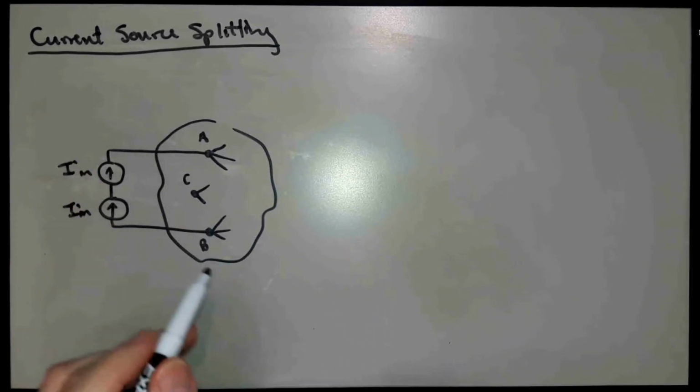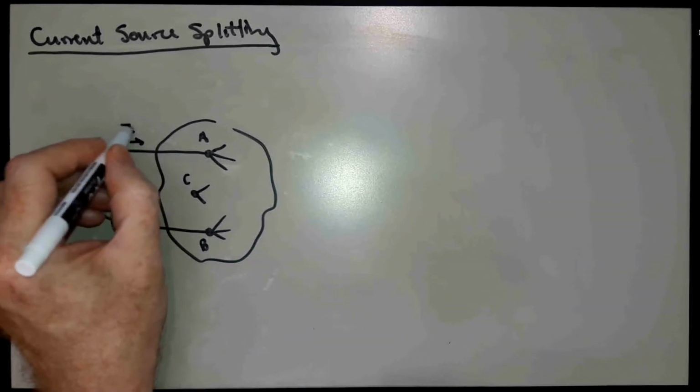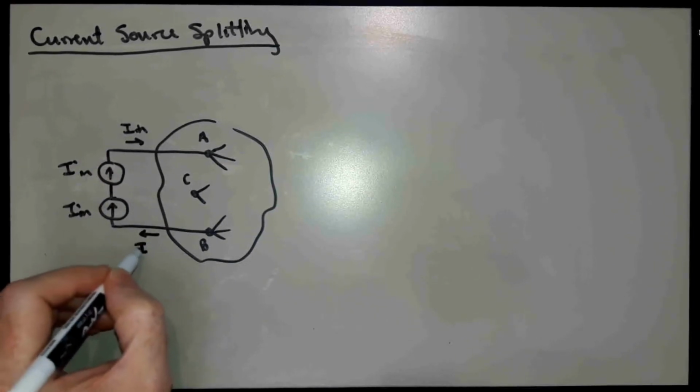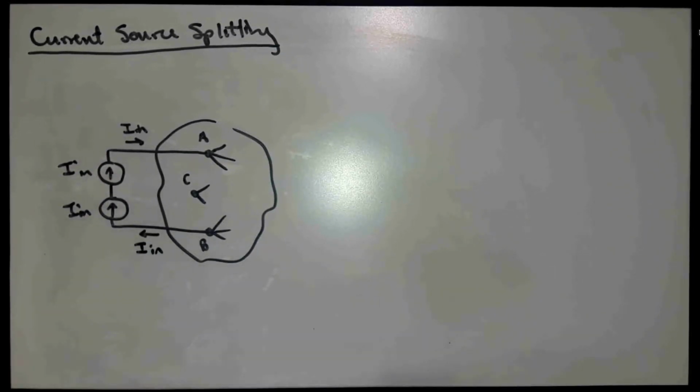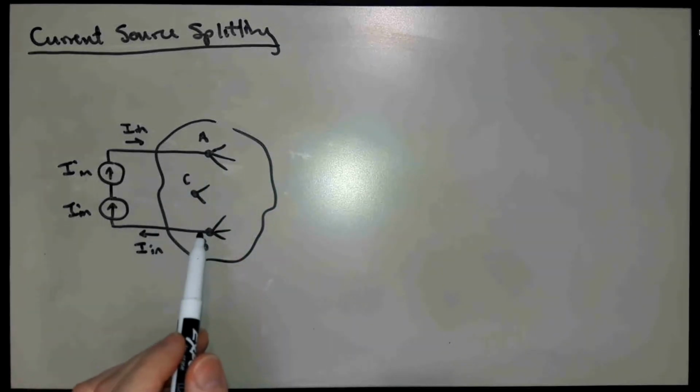And as far as the circuit is concerned, we still have the same situation. We have I in going into node A. We have I in coming out of node B. Really, that hasn't changed. So every KCL equation in here is the same as it was.